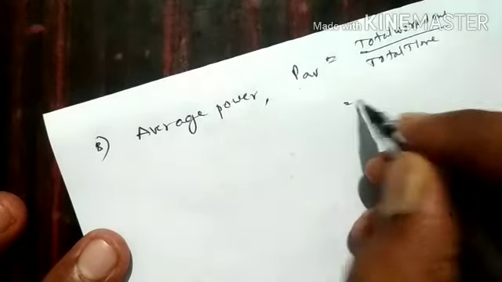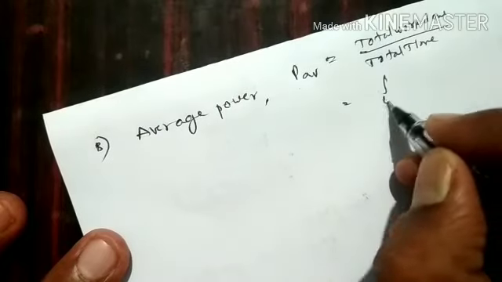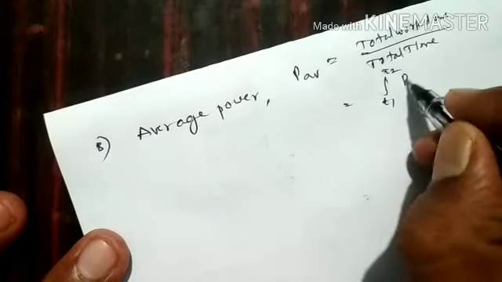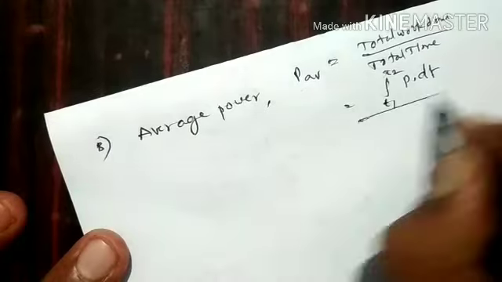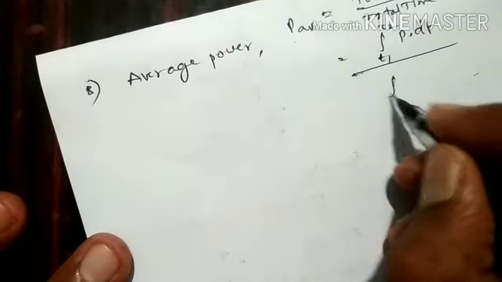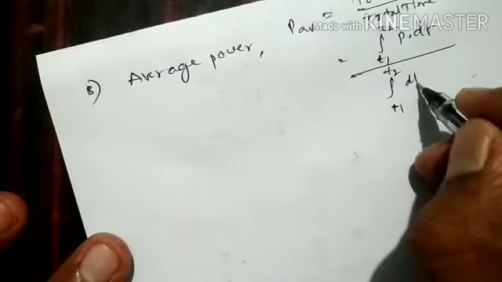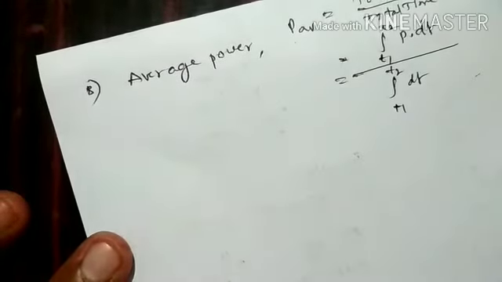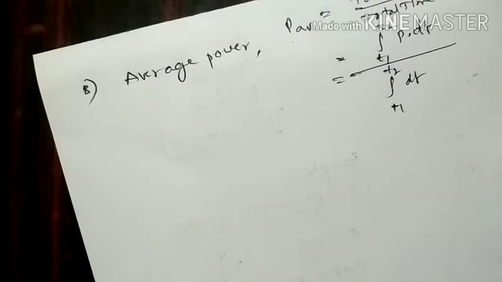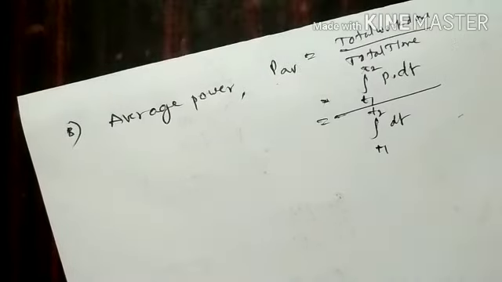So what is the total work done? It is the area, integral from T1 to T2 of power into dt. This is total work done. What is total time? It is nothing but T1 to T2. Just add the time interval dt. So using this formula you can calculate average power of that one.